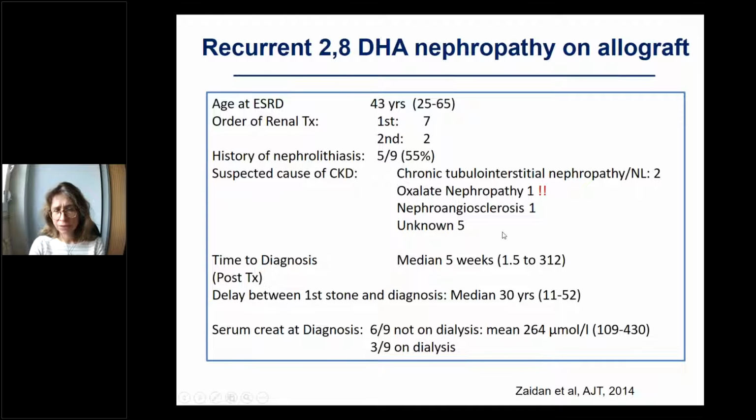So the diagnosis was not performed in all these patients. But then, after transplantation, diagnosis was performed very quickly, median 5 weeks. But the median between the first stone, if any, to diagnosis was 30 years.